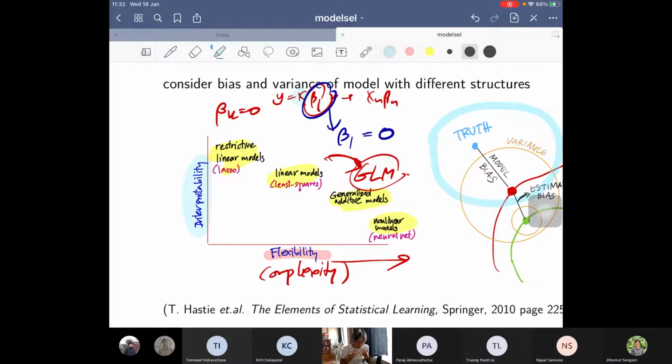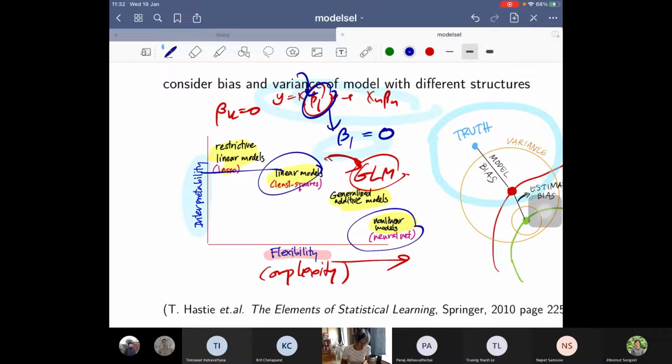You see that the structure of a linear model is simple, so it allows us to interpret. There's a level of interpretability where you can say that the corresponding predictor is significant or not significant. That's why the ability to interpret the linear model is high in comparison to, for example, a neural network.